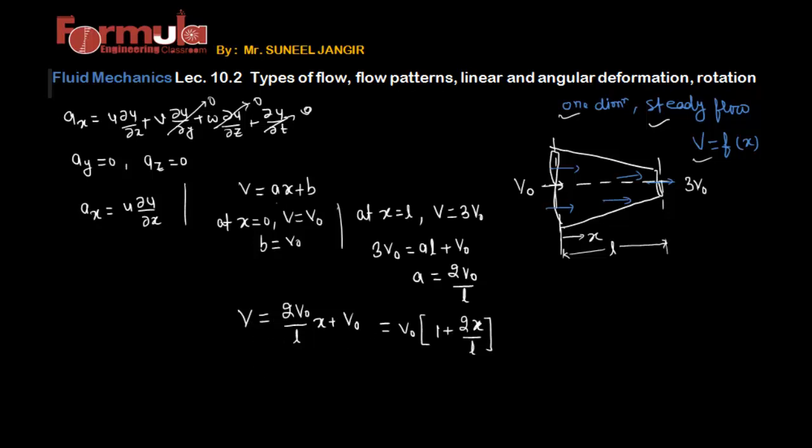So velocity is a linear function of x here, but we want to derive an expression for the acceleration, and we know our acceleration ax is equal to u del u by del x.